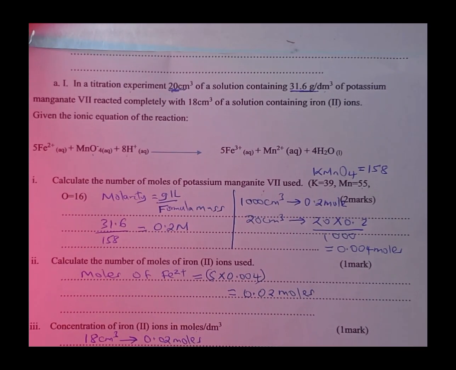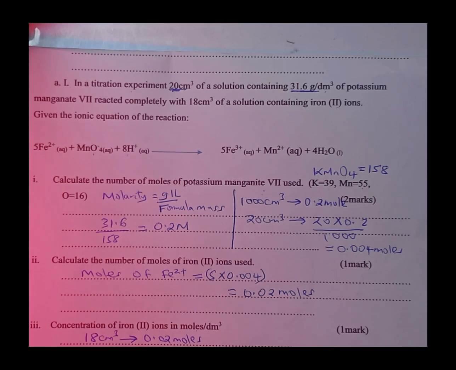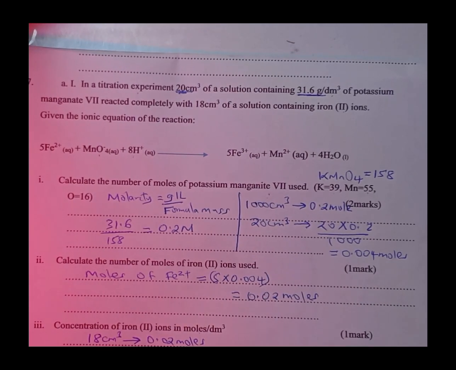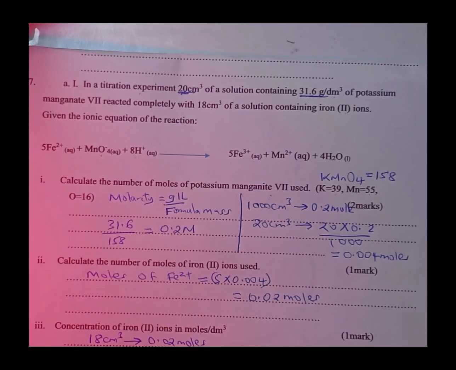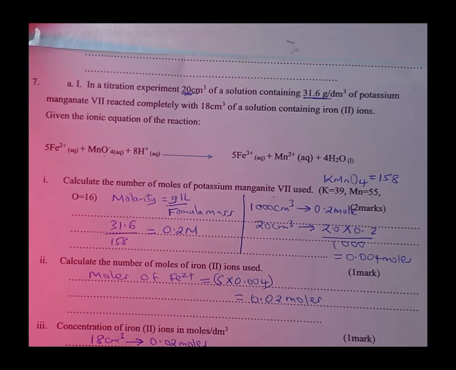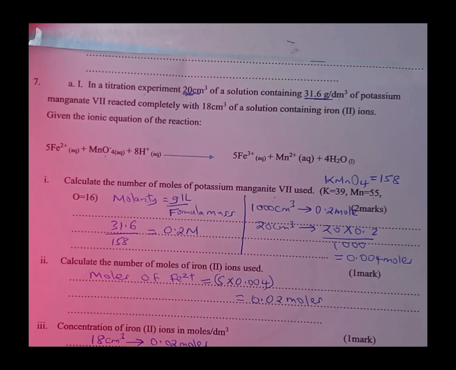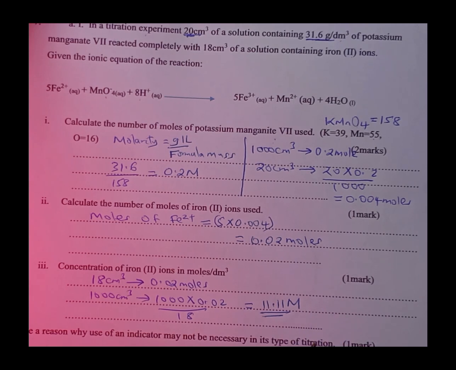If 18 cm³ contains 0.02 moles, then for 1 liter, which is 1000 cm³, you take 1000, multiply by 0.02 divided by 18, and this translates to 1.11 molar. So these are the number of moles in 1 liter, or simply the molarity.